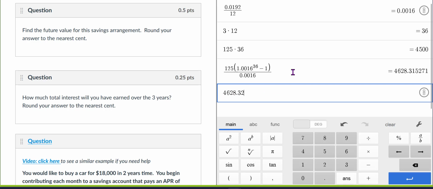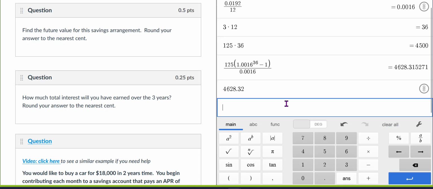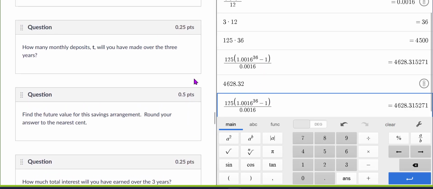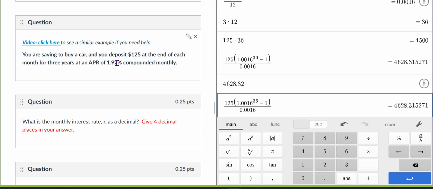How else could we calculate this? I'll just go over some other calculations. The other way of doing this was to just do it all at once.